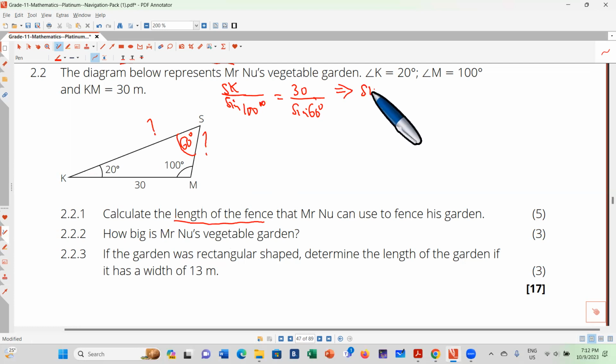So which means SK is the same as 30 sine 100 degrees divided by sine 60. If you use a calculator now, we just cross multiplied, using the sine rule, and the calculator gives us SK is equal to 34.11 meters.